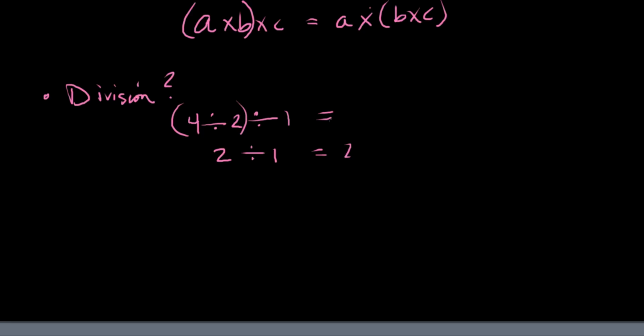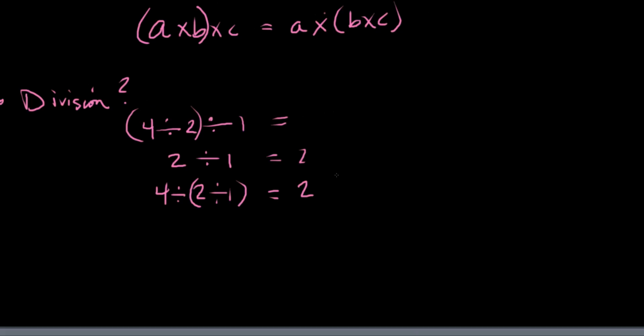Okay, what if we had grouped it the other way? What if we said 4 divided by the quantity 2 divided by 1 first? 2 divided by 1 is 2, so 4 divided by 2, it's still 2. It might just work then, right?